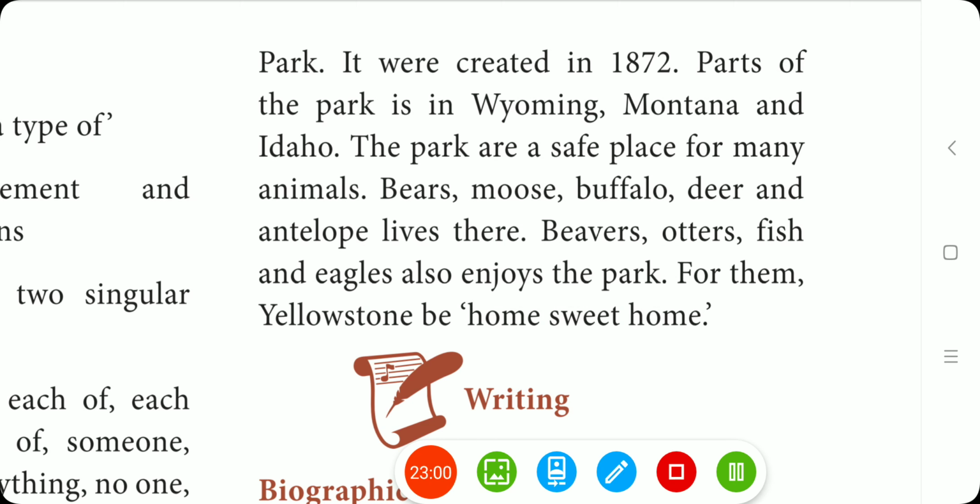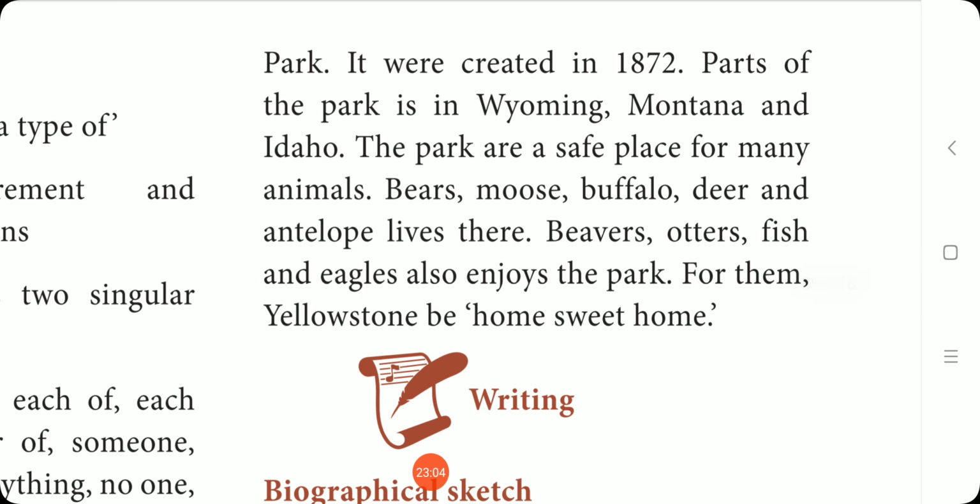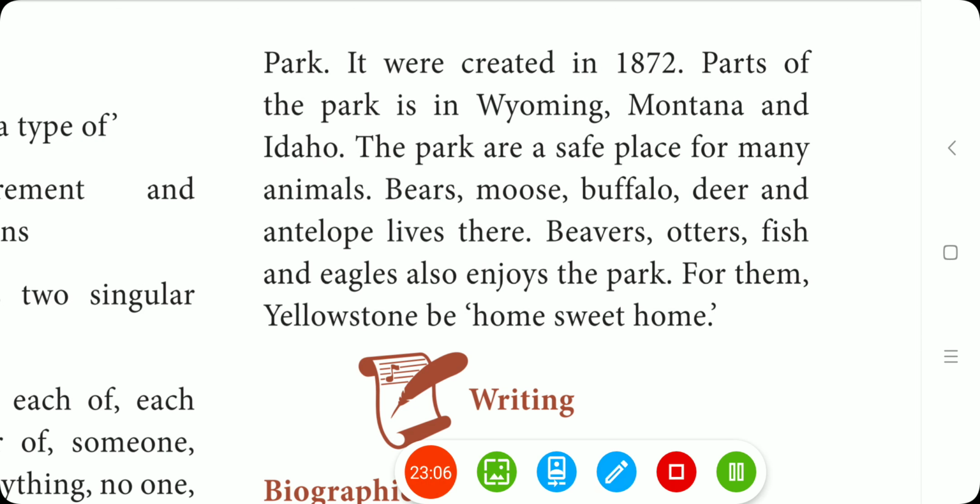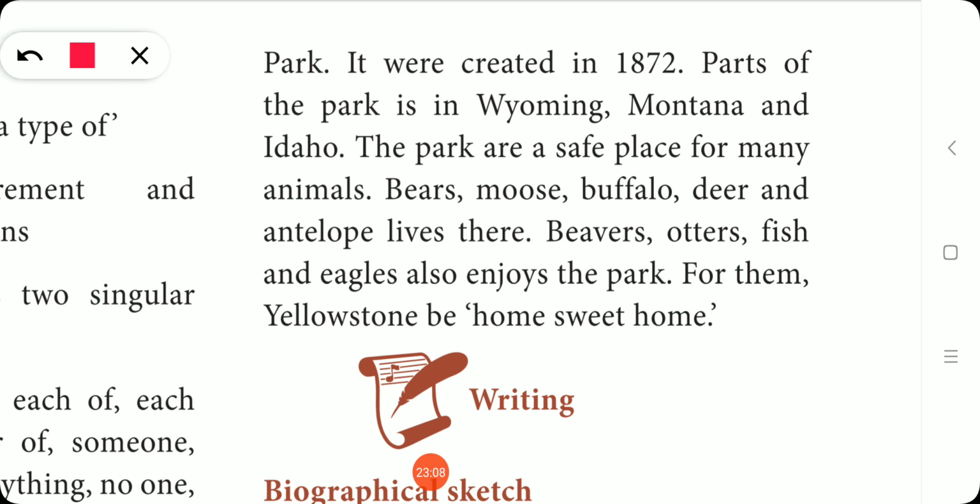The park are a safe place for many animals. Bears, moose, buffalo, deer and antelope lives there. Beavers, otters, fish and eagles also enjoys the park. For them, Yellowstone be home sweet home. There are many grammatical mistakes in this passage, that is, subject verb agreement mistakes. You have to correct them.